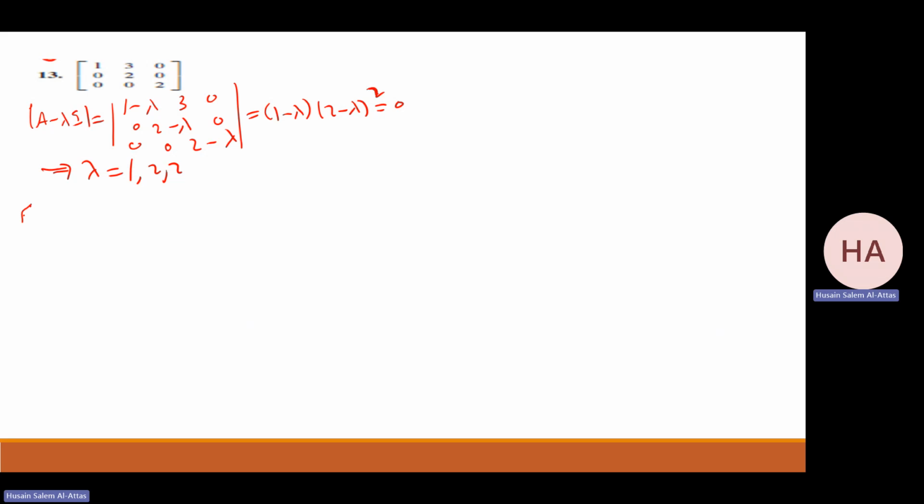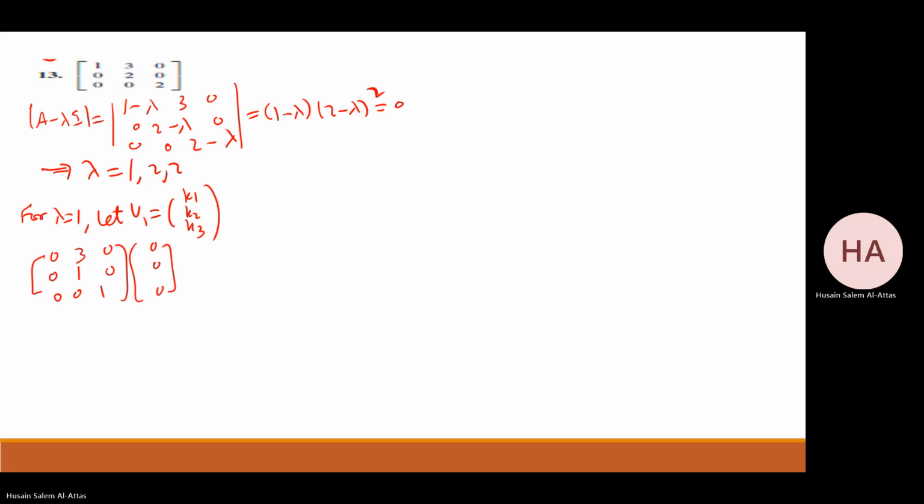So for lambda equal 1, let V1 be K1, K2, K3. Let me see what will happen. I have 0, 3, 0, 0, 1, 0, and 0, 0, 1.